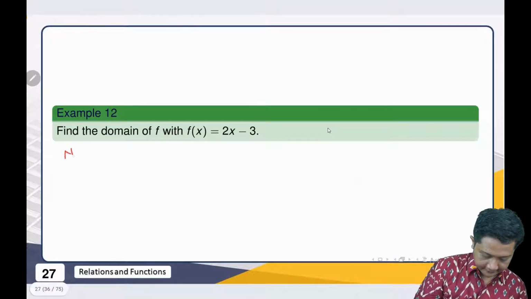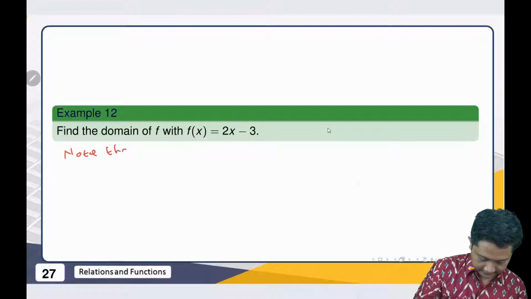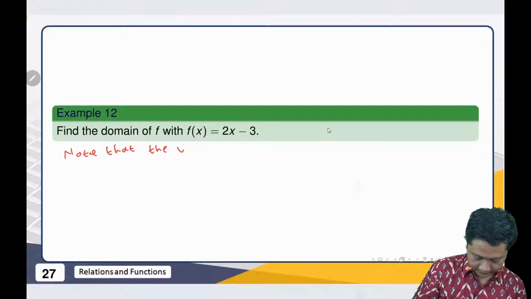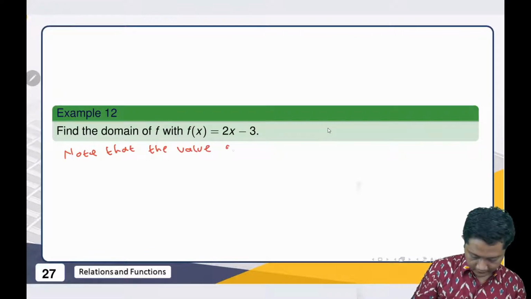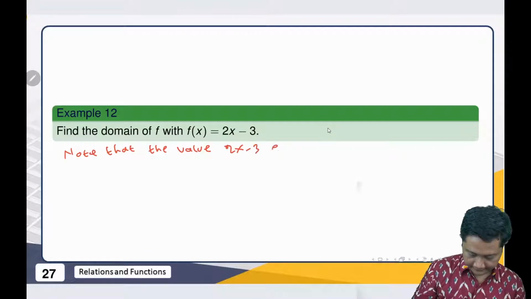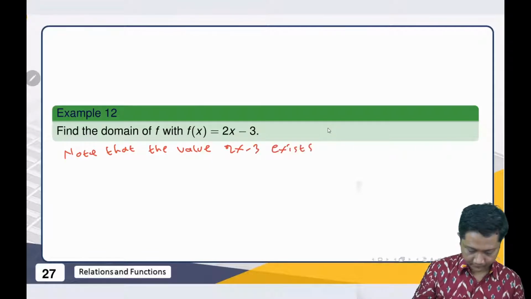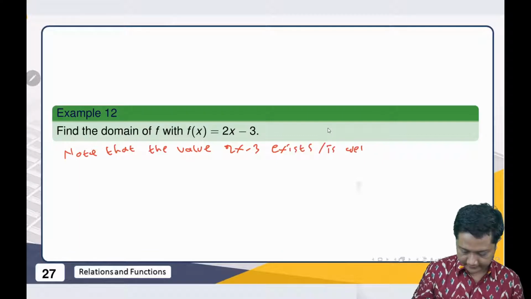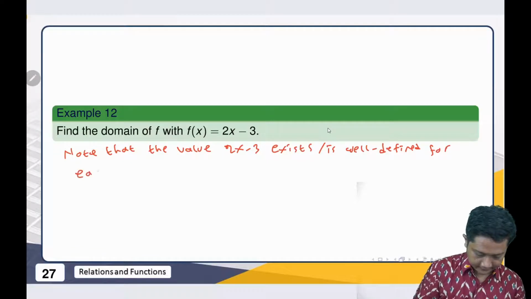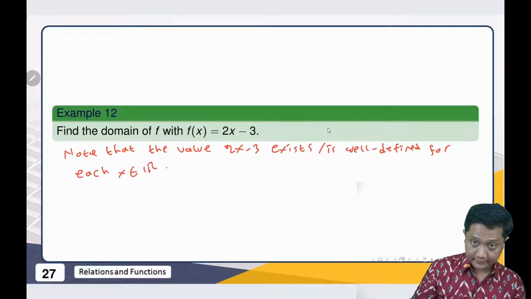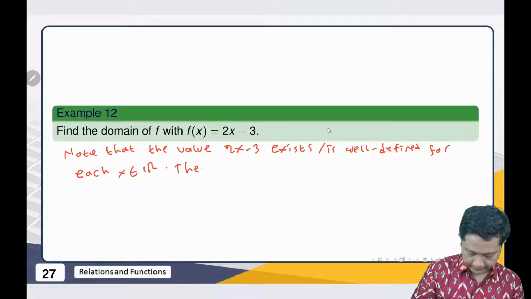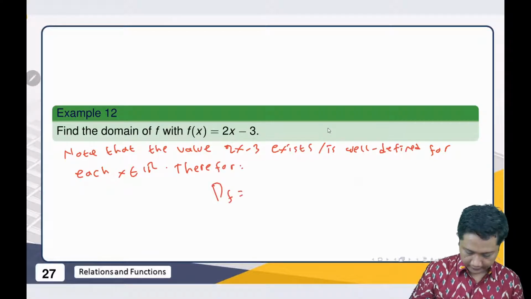For this function, note that the value 2x minus 3 always exists, or is well defined, for each x in R. So what is the domain of f?